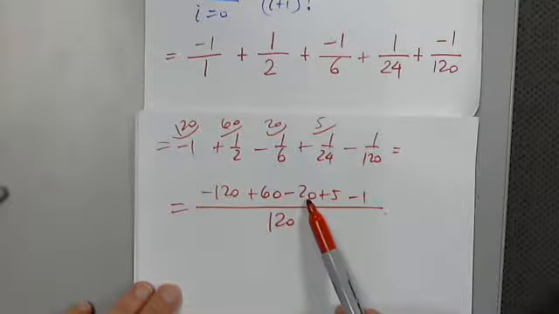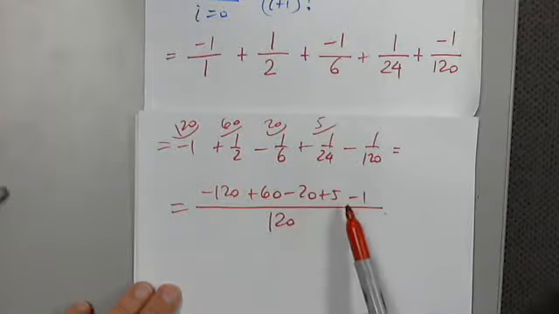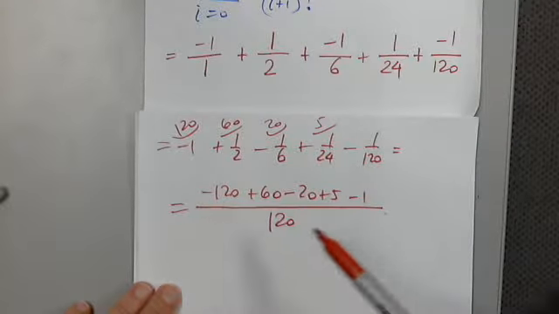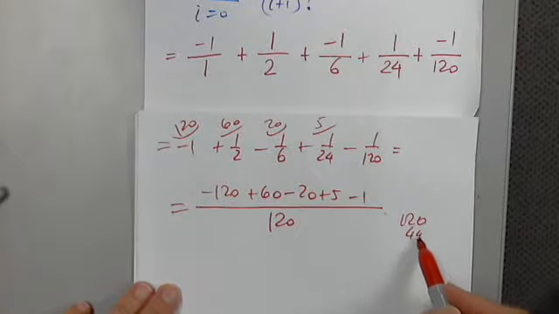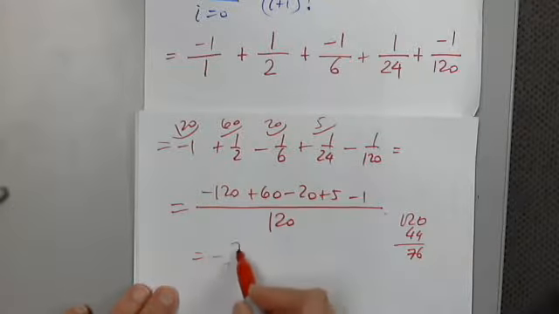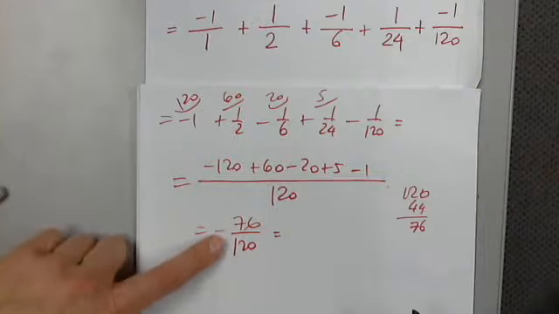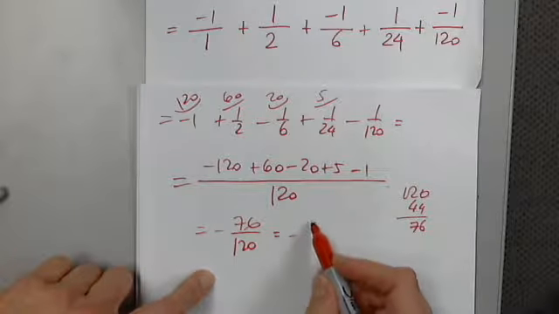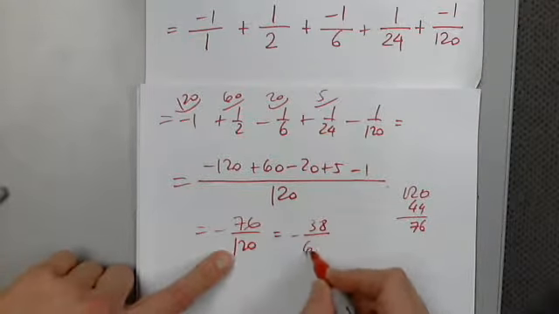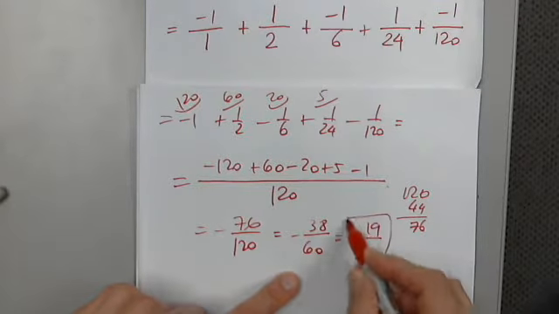So this is 40. So this is 44, right? So it's 40 plus 4, 44. 44 minus 120, 76. So negative 76. Negative 76 over 120, and I have to try to simplify. If I simplify by 2, I get 38 over 60. Again by 2, 19 over 30.